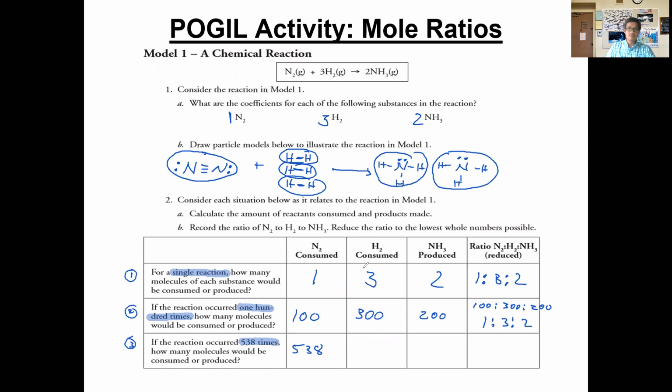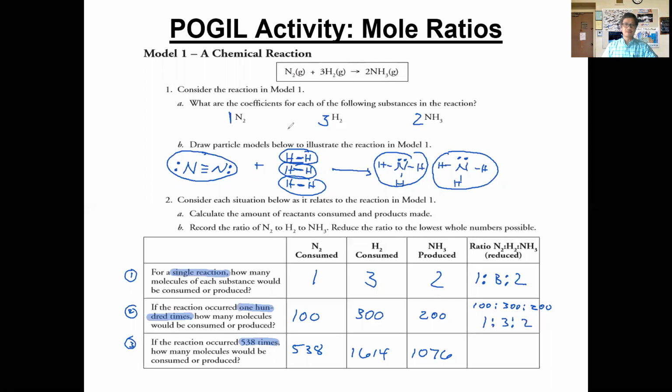If you do the math here, you multiply 3 times 538, and you will need 1,614 molecules of hydrogen to start out with. And if you take 538 molecules of nitrogen and react it with 1,614 molecules of hydrogen, you're going to form 1,076 molecules of ammonia. So instead of running this reaction once, or 100 times, we're going to run it 538 times.